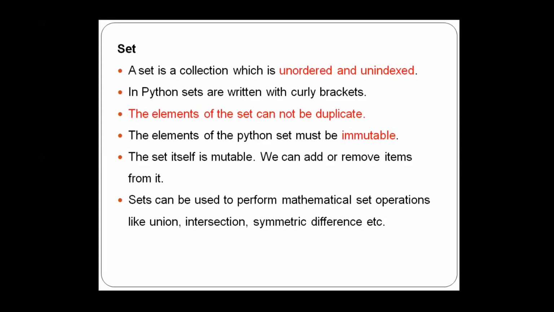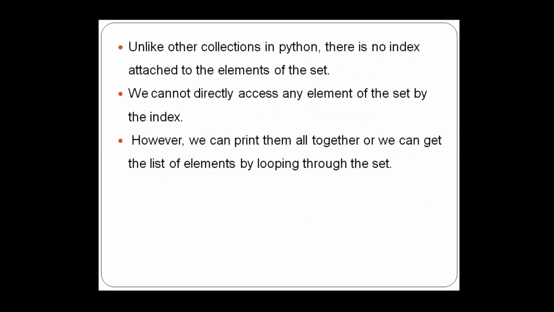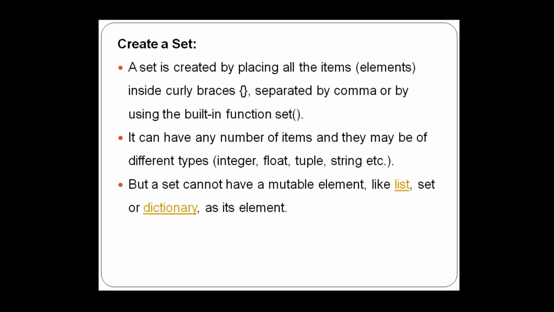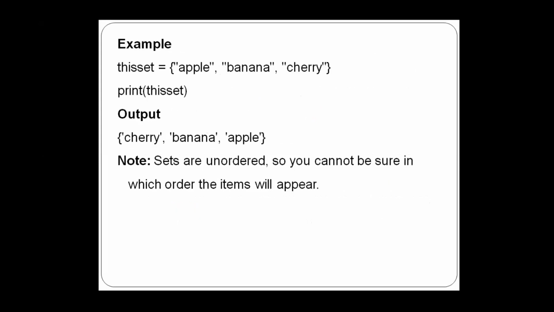But the members of your set should be immutable, right? So now, inside a set, you cannot have a list as a member, or you cannot have a dictionary as a member.